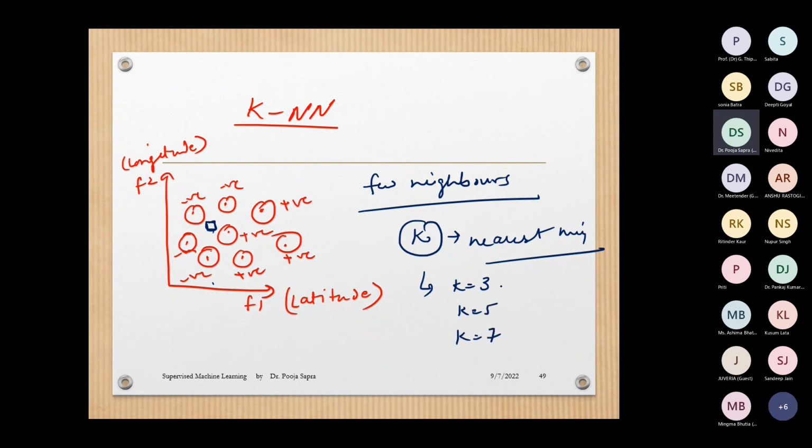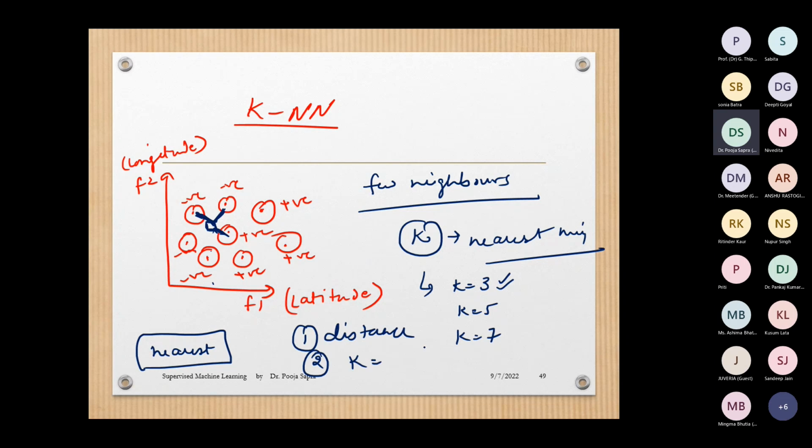What does it mean? If I take K equal to 3, it means 3 nearest neighbors. 1, 2, 3. Now, how to find out the nearest? To find out whether this is nearest or not, I am required to find out the distance between the neighbors and this entering person, right? So the first thing I require is distance. The second thing I require is what should be the value of K. These are the main points in the K nearest neighbor algorithm, right?